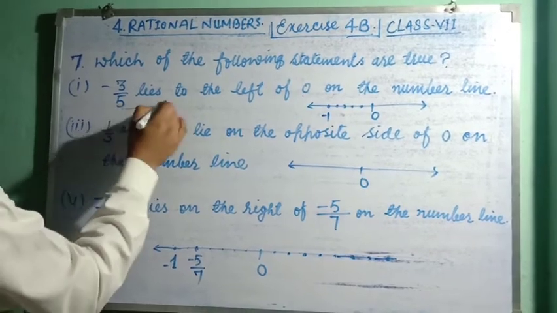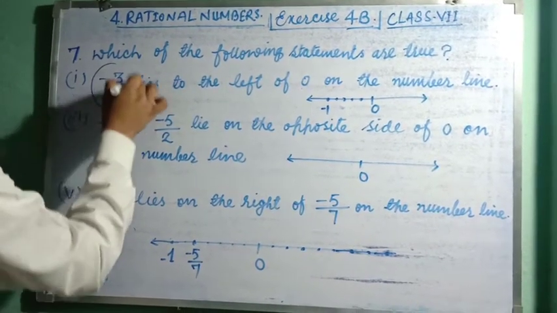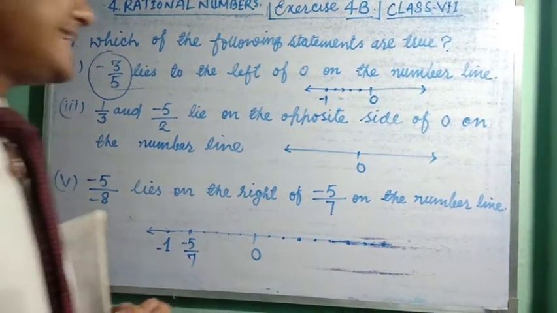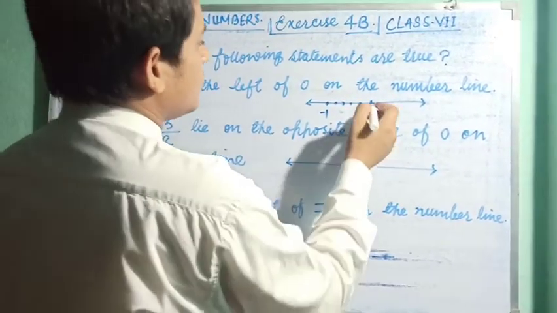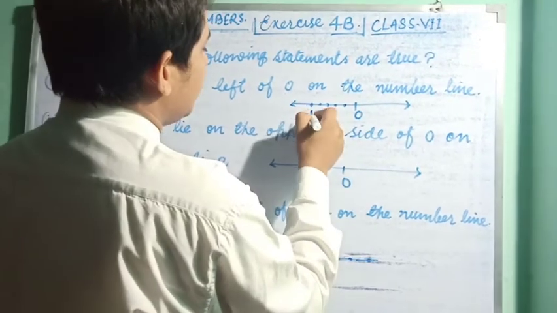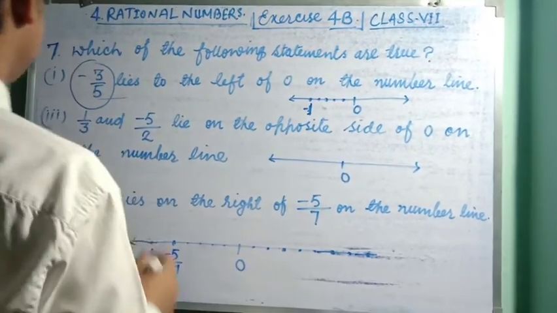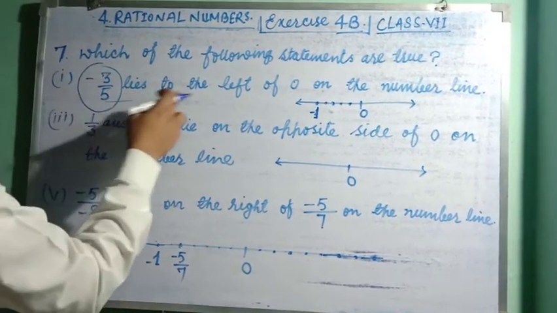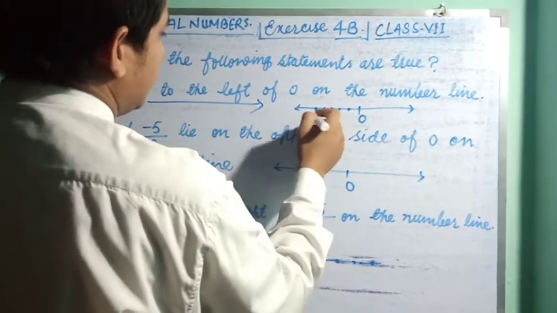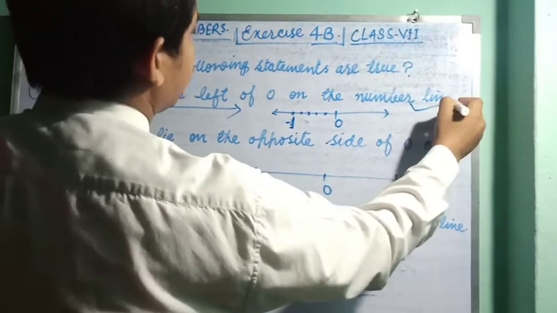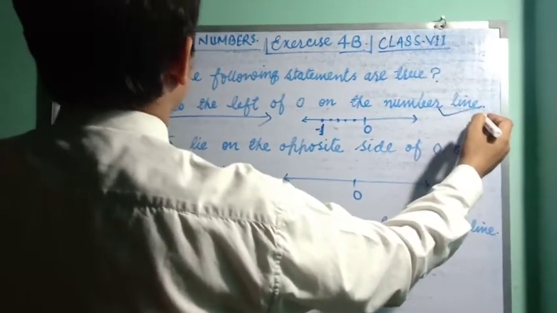So first, see minus 3 by 5, this is a negative number. Negative numbers are always represented to the left of 0, before the 0. That means the statement that minus 3 by 5 lies to the left is correct. So it is true.